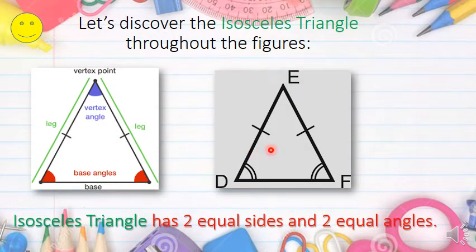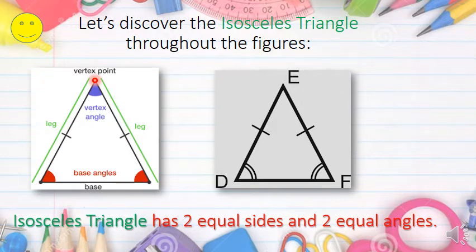Now look at the figures to discover the isosceles triangle. Isosceles is from the word iso. Iso means two. It's very clear that I have two equal sides and two equal base angles. They are called base angles because they are adjacent to the base of the triangle, and this is called the main vertex.